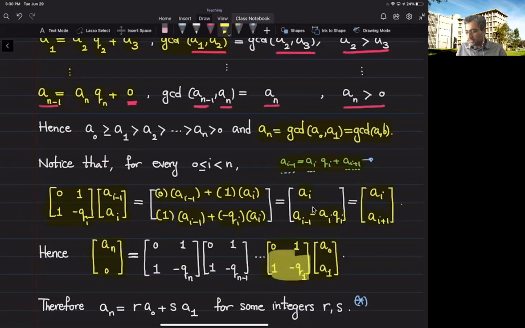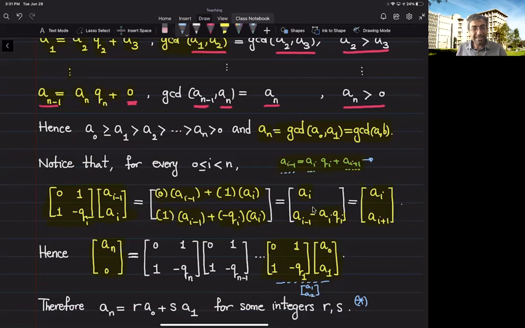Using this computation, I only shift the indices, and I end up getting A sub 1, A sub 2. As I multiply by the next matrix, I end up getting A sub 2, A sub 3.